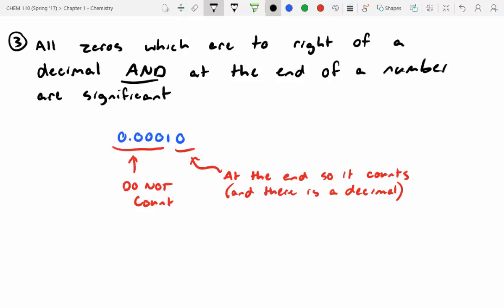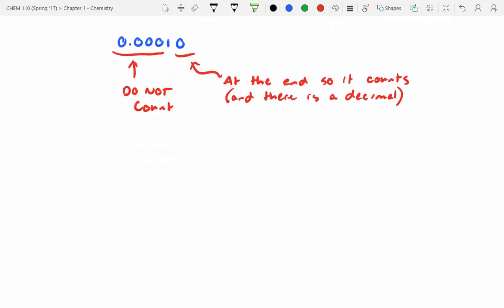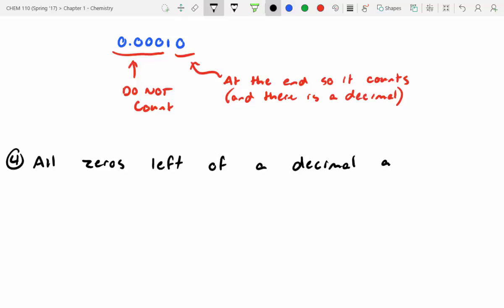All right, one last rule. This is rule 4. All zeros left of a decimal and in a number greater than 10, or I should say greater or equal to 10, are significant.